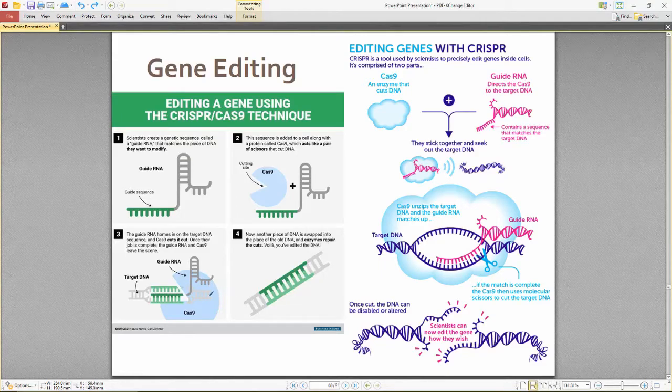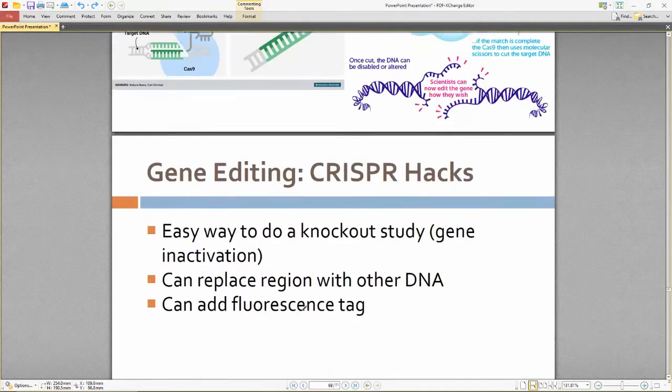The advantage here is that this guide RNA can bring the Cas9 protein to a specific spot on the sequence or the gene of interest, and then make a cut there very precisely. But editing the gene or adding more, as you can see on the other diagram, after the cut, it's up to scientists to edit the gene how they wish to.